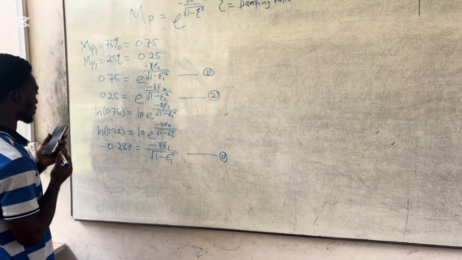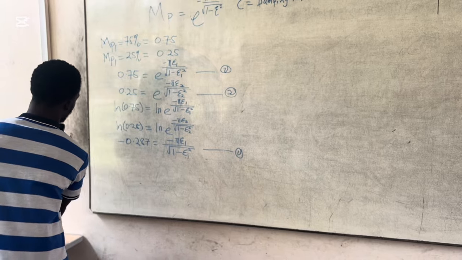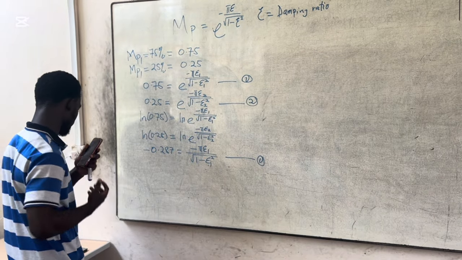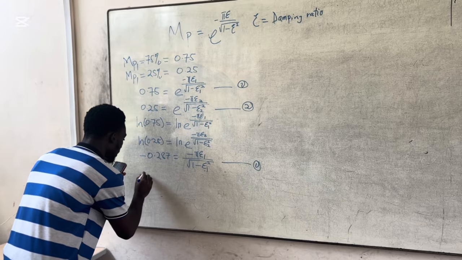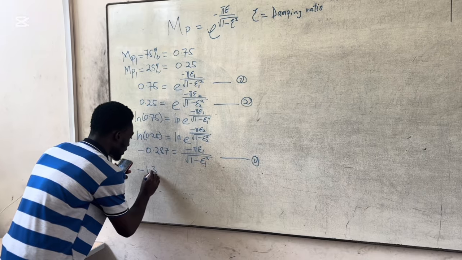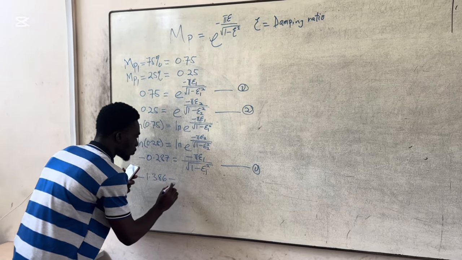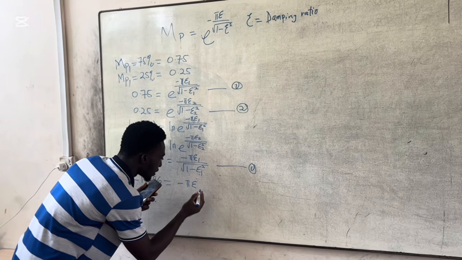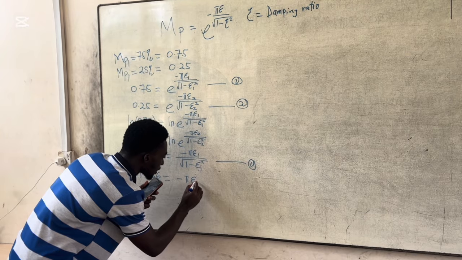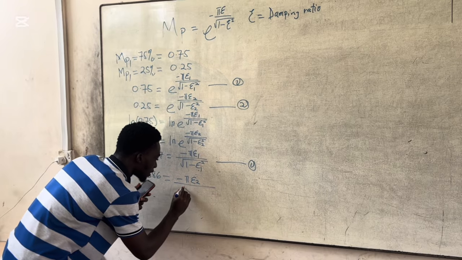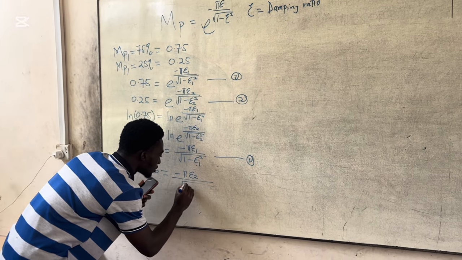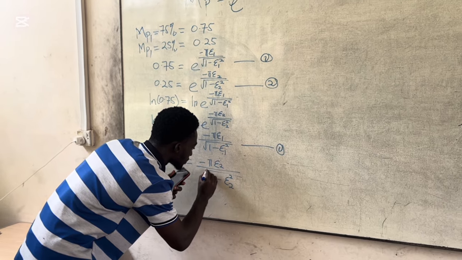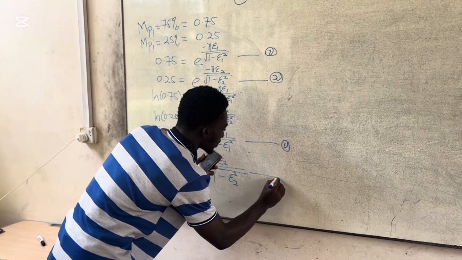And taking the natural log of 0.25 gives us minus 1.386, which is going to be minus 1.386 equals minus pi, the damping ratio for the second case, all over the square root of 1 minus the damping ratio for the second case squared. So this is for equation 2.